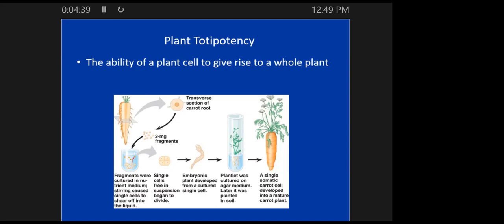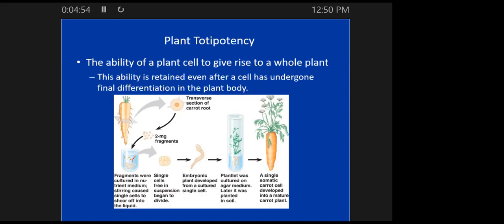And basically what that means is a couple of cells of a plant is enough for it to regrow and differentiate into a plant all over again. And so we take advantage of this in tissue culture technique. All you need is a few living cells, and you can coax them through the pathway.